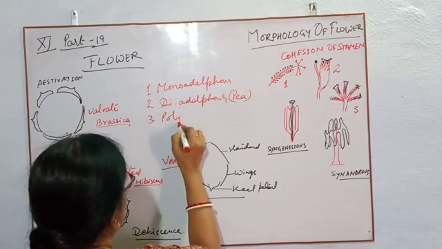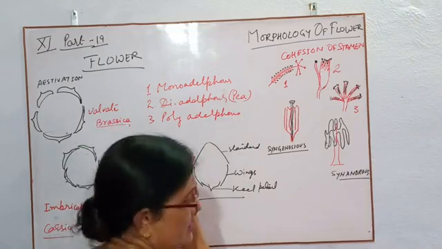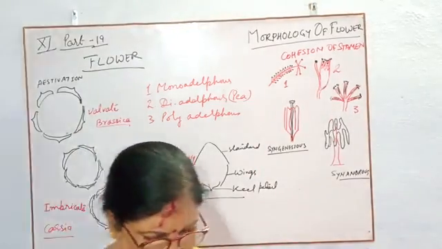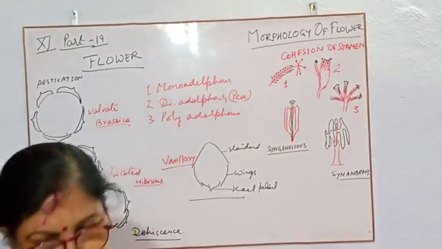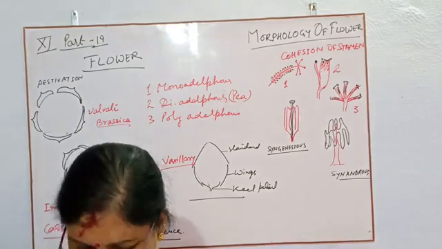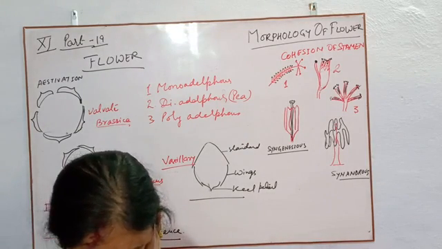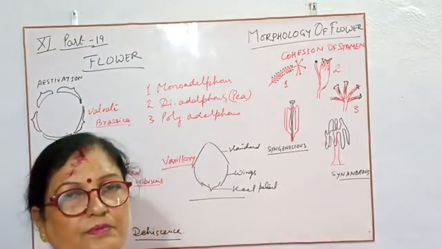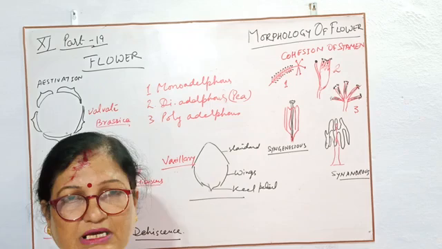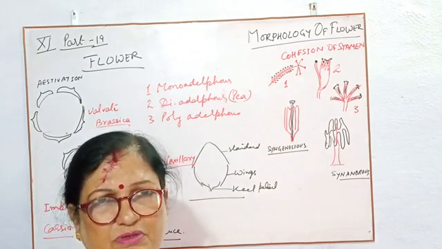Then number 3 is named polyadelphous. Polyadelphous, as the name suggests, or children you know, poly means many. So if it is polyadelphous, that means all the stamens are present in so many groups.